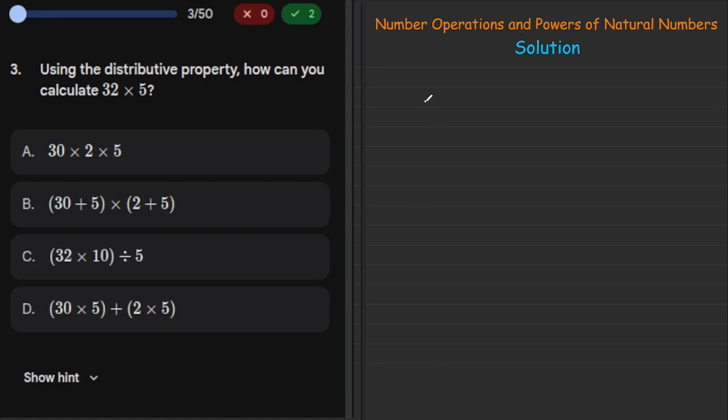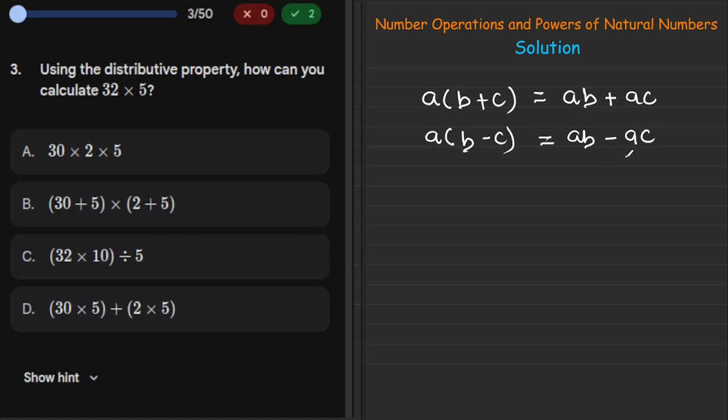It says, if we have A, then into bracket B plus C, it is written as what? AB plus AC. Or A into bracket B minus C also gives us what? AB minus AC.